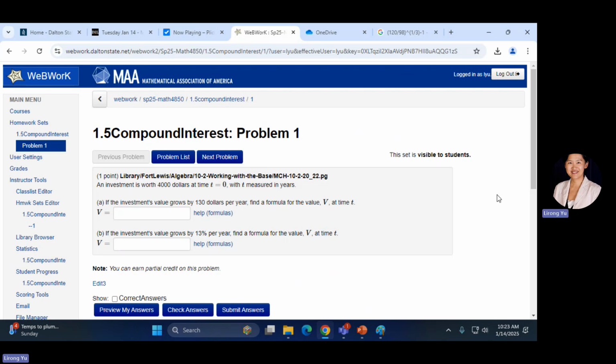Right, so for the first one, we provide a linear model for the growth of money that doesn't really follow our reasoning for simple interest. It says an exact dollar amount, so it fixes the interest amount. So with 4,000, we can calculate the simple interest rate, but for now, it's $130 per year. So $130 times the number of years would be how the money is growing, because it's a linear model.